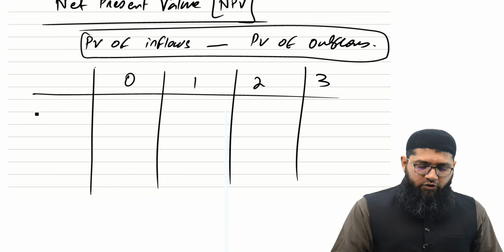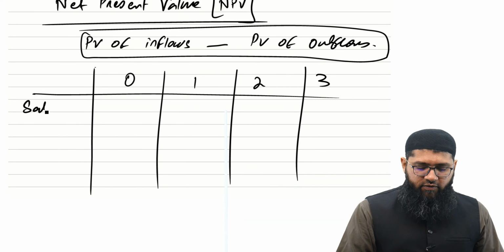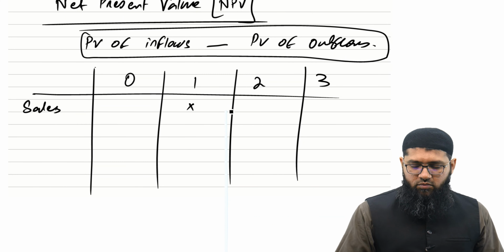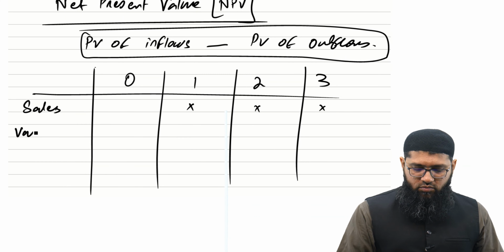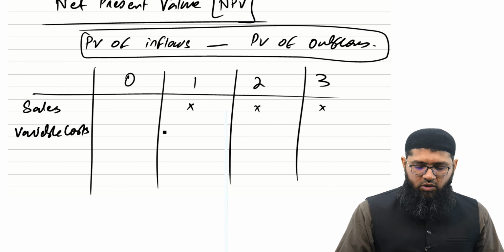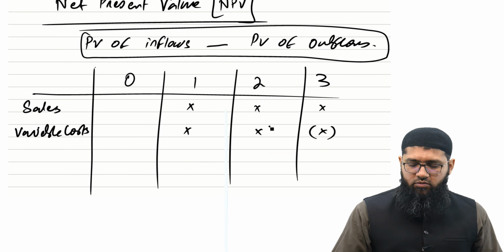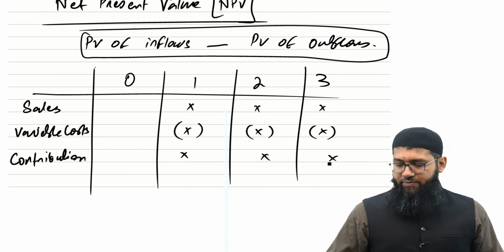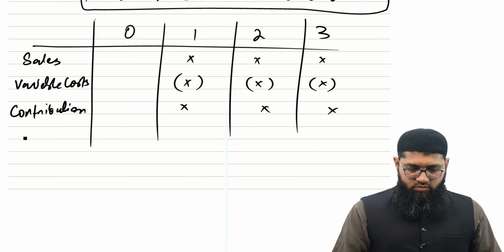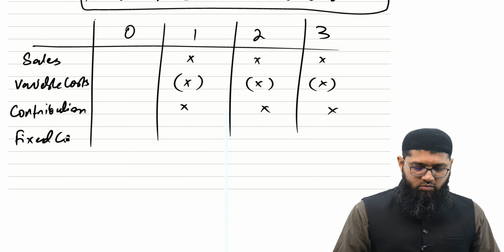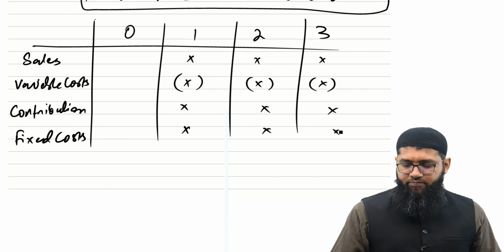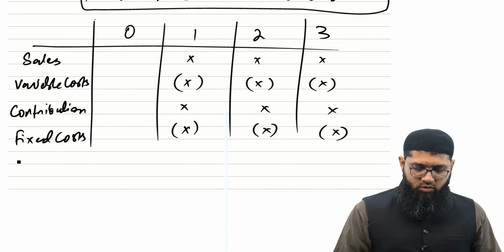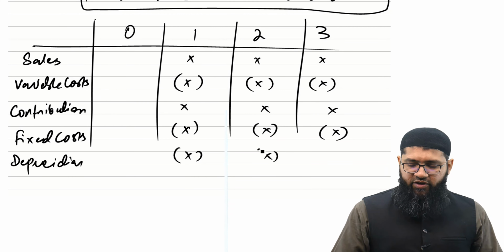Generally you would say sales, variable cost, contribution, fixed cost, depreciation.